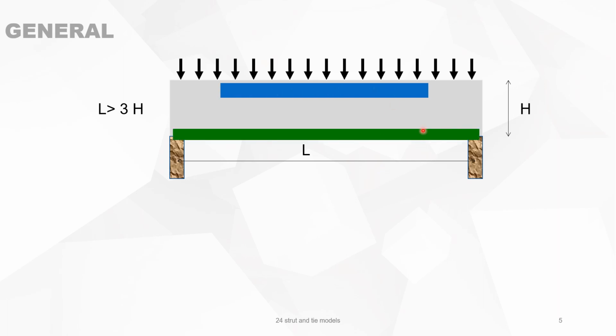There will be a tension zone on the bottom of the beam. And when you compare stresses, then you will see that the blue is the compression stress and the green is the tension stress.